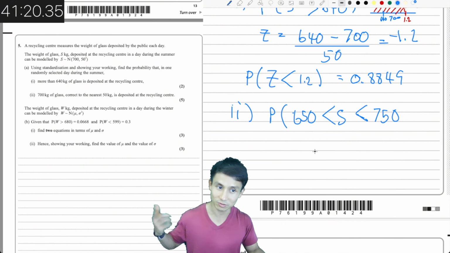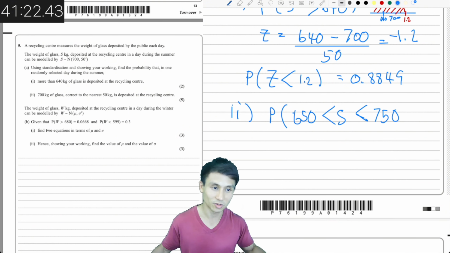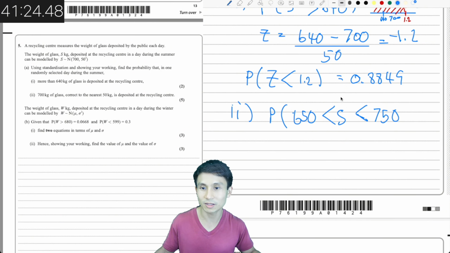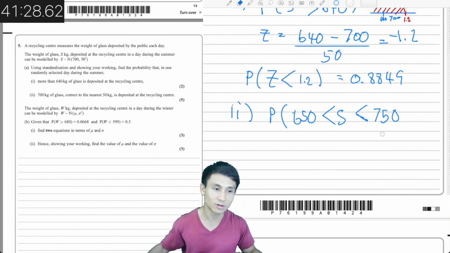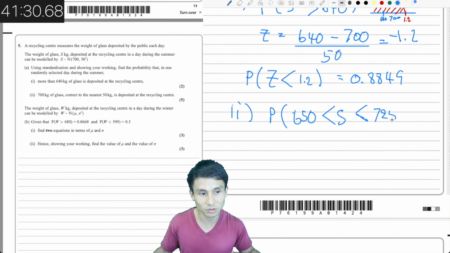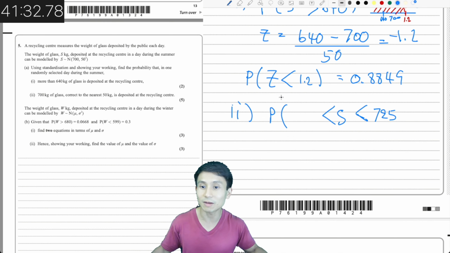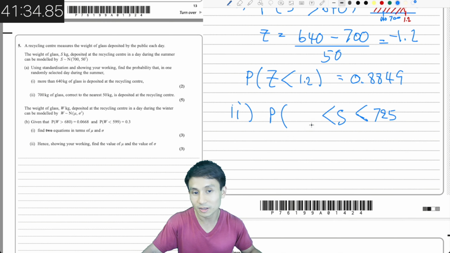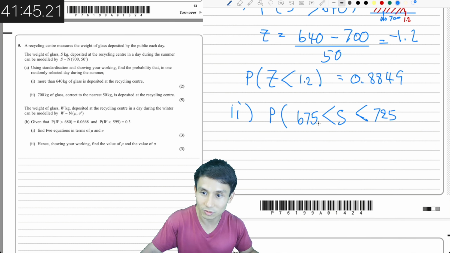So correct to the nearest 50 is when you go higher than 50. Wait, hang on. Correct to the nearest 50. No, it's 725, right? You have to divide that by 2 first and then add and subtract from the central value, which is 700. So this is 675, okay? Nearest 50.